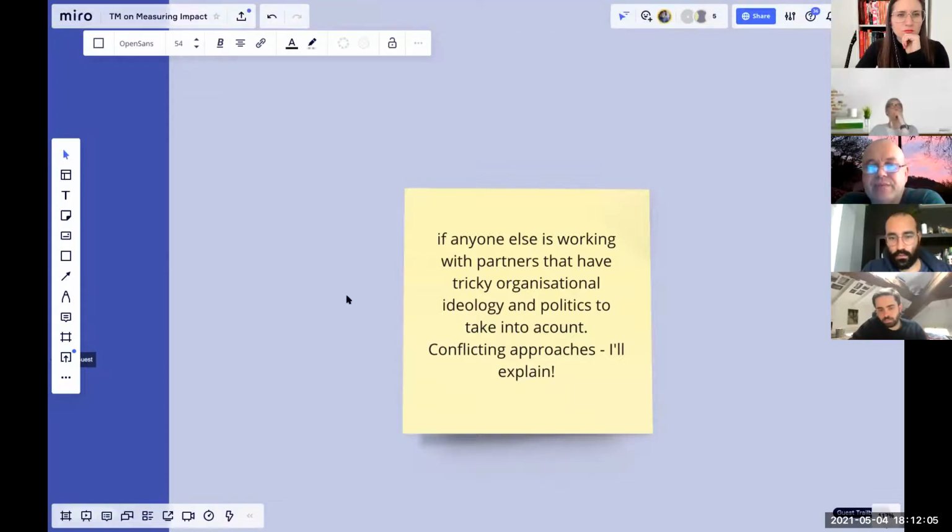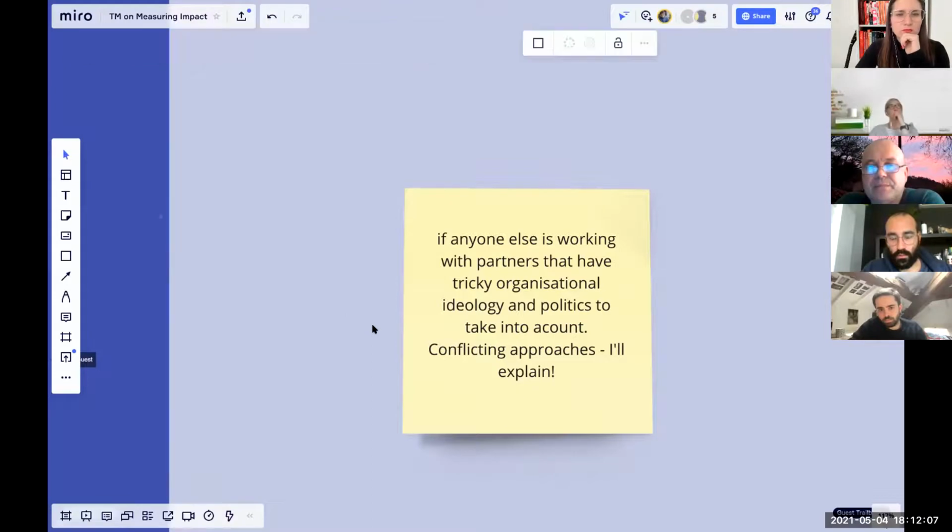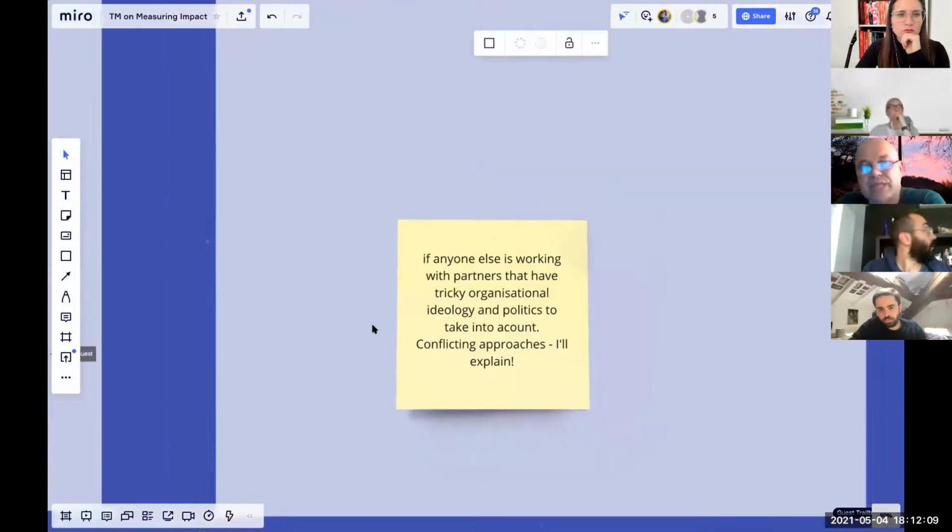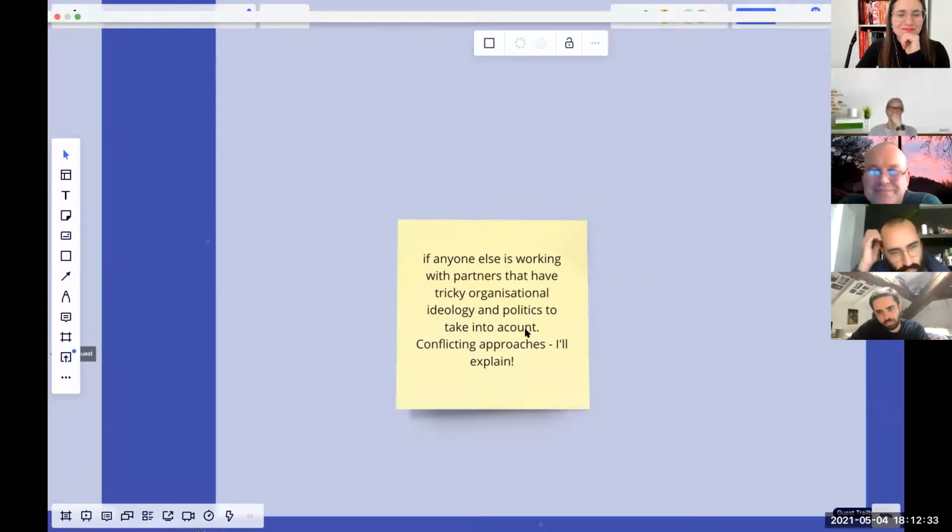I don't know if that makes sense. It's been a struggle to present an alternative ideology to existing organizations. I don't know if anyone else has partner organizations that they are working with. Obviously you're probably not working with youth, but I'd be interested to hear if anyone's had ideological challenges that they've experienced in working with partner organizations.